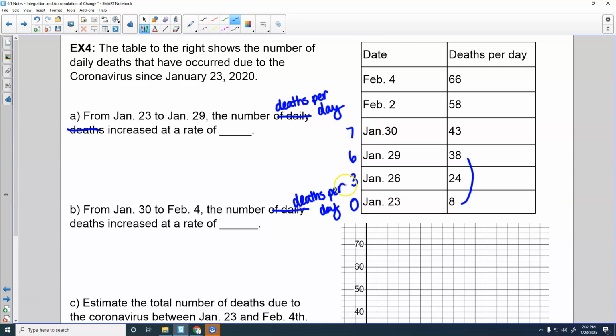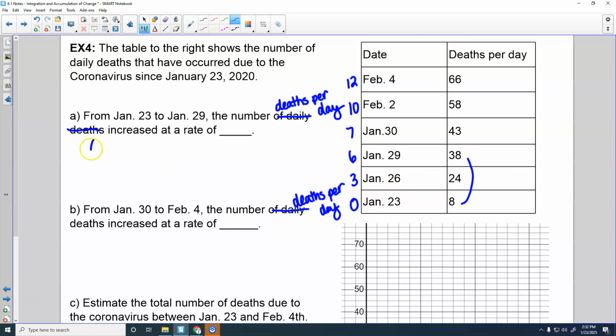This would be 7 on January 30th. Then January 31st, February 1st, February 2nd is 3 more days, which would be 10, and then this will be 12. So let's make those numbers instead of dates, because the switch from the month is going to give us trouble.